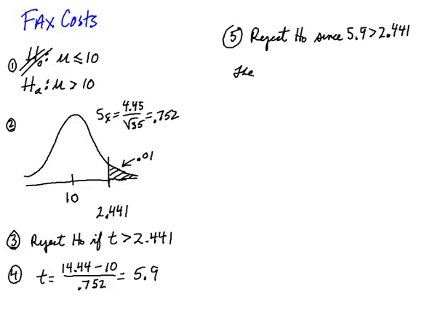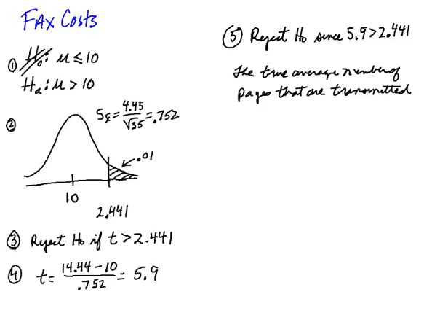The true average or mean number of pages that are transmitted is greater than 10.